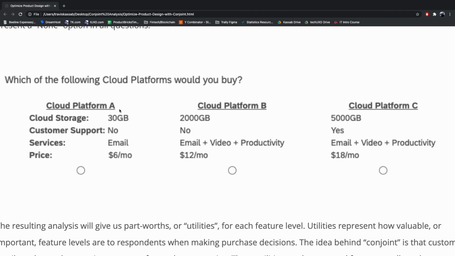So for cloud storage, this cloud platform A has 30 gigabytes, this has 2,000, this has 5,000. Customer support, no, yes, right? Different cloud services and different prices, and the customer has to make trade-off decisions in order to tell you, as the analyst, which one they're most likely to buy.